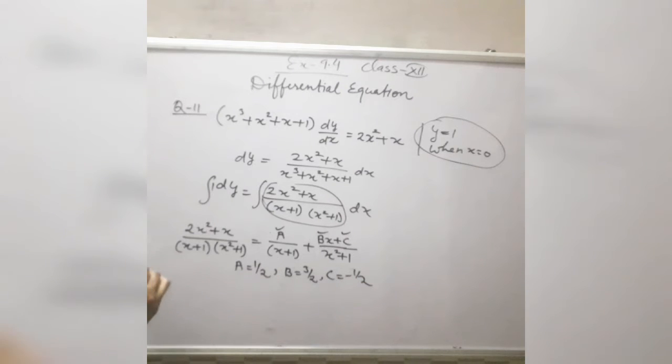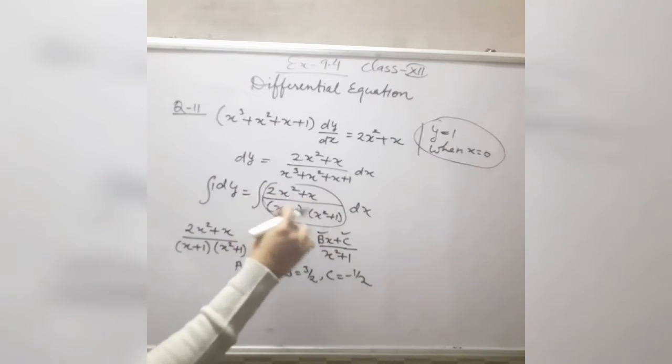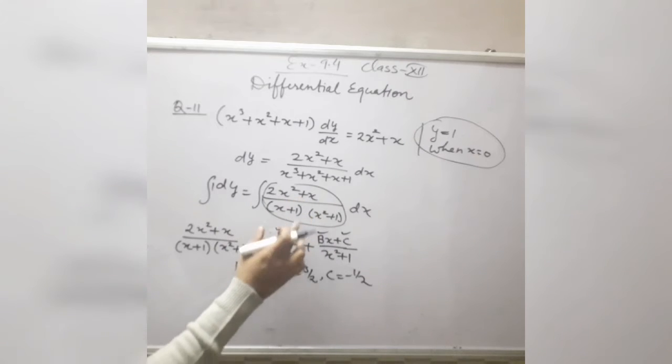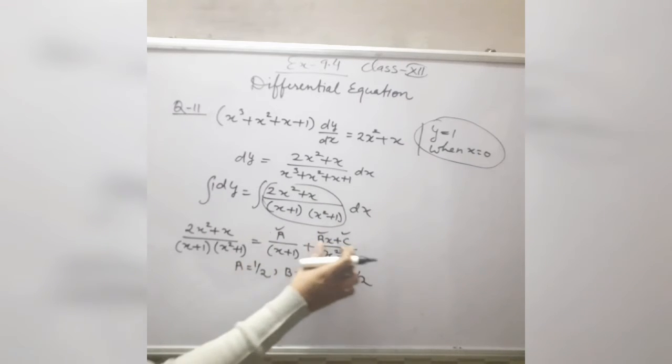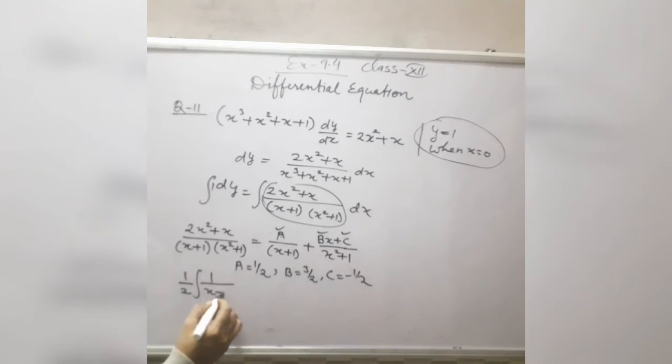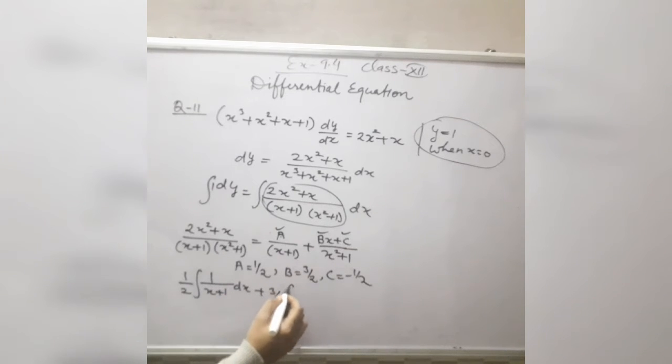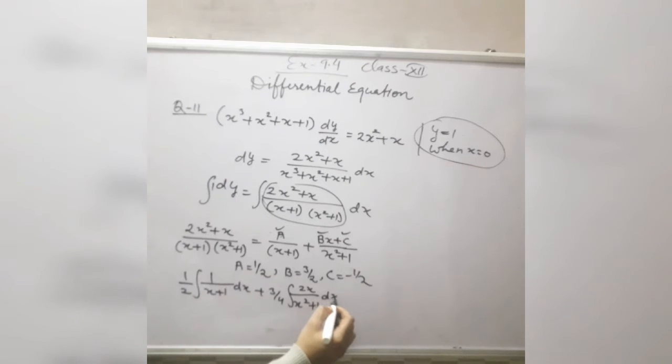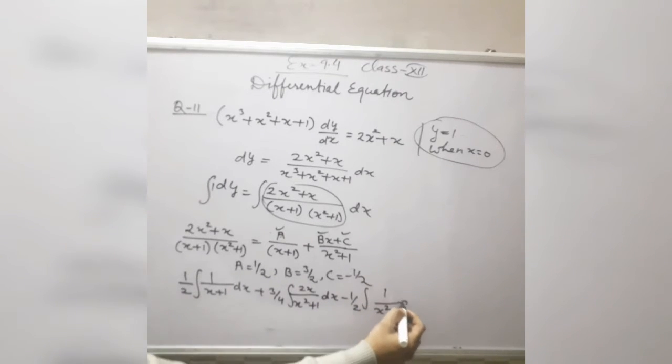So this complete integration can be written, after putting the values, as the sum of these two terms. It can be written as half of integration of 1 by (x plus 1), constant term I have taken common outside, plus 3 by 4 integration of 2x by (x square plus 1) dx, minus half into integration of 1 by (x square plus 1) dx.